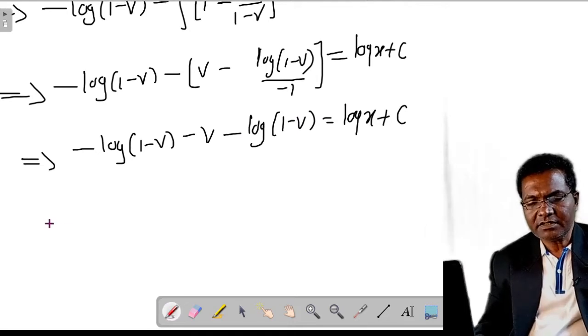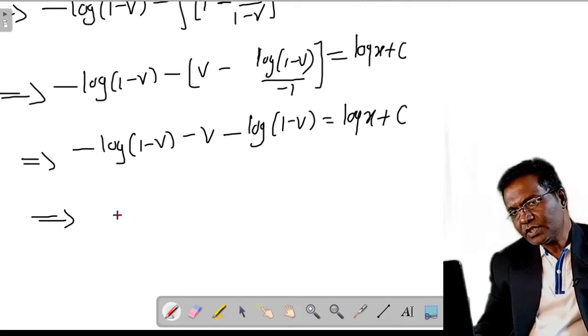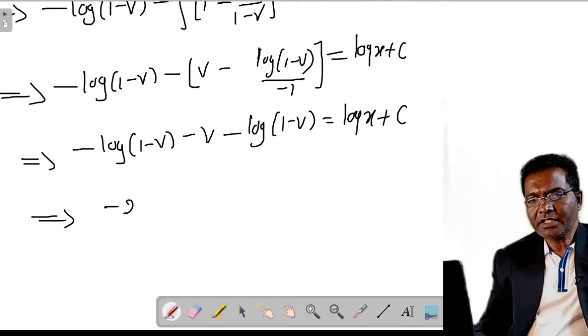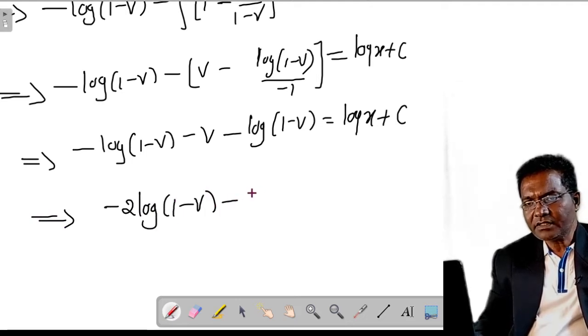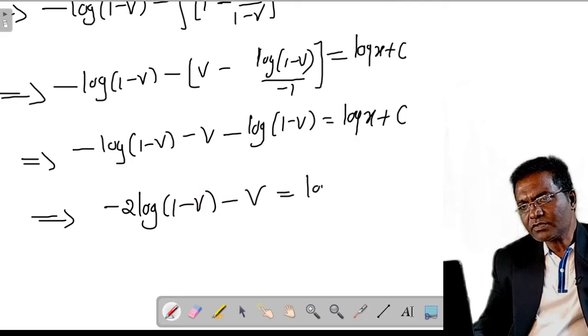Okay. Now there are two log terms. You can write it as minus 2 log of 1 minus v equals log x plus c.